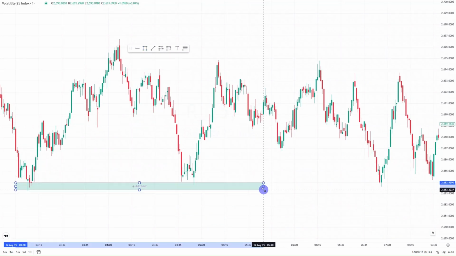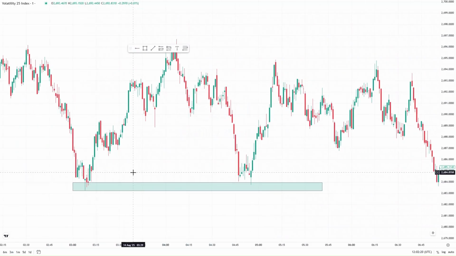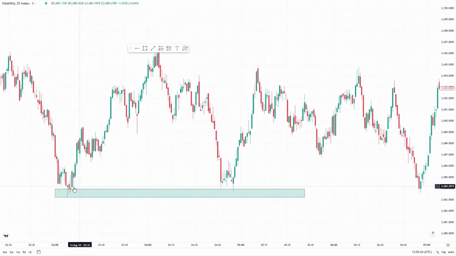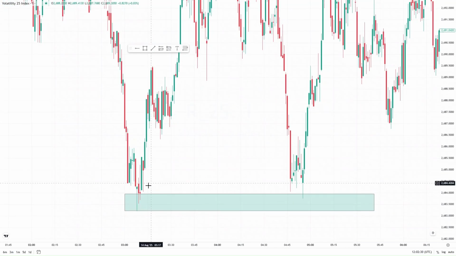So notice how I'm drawing my zone. What I usually do is draw from the close of the latest candlestick, which is this one, before price went backwards, reversed. So this would be the candlestick close, the bearish candlestick close right there.